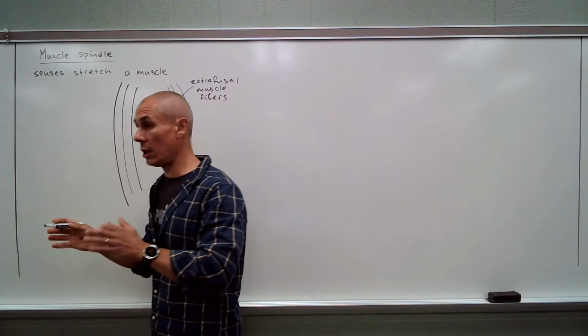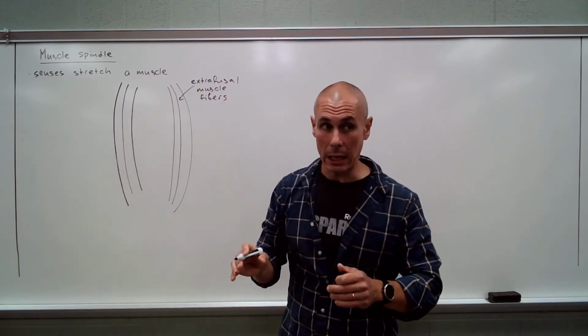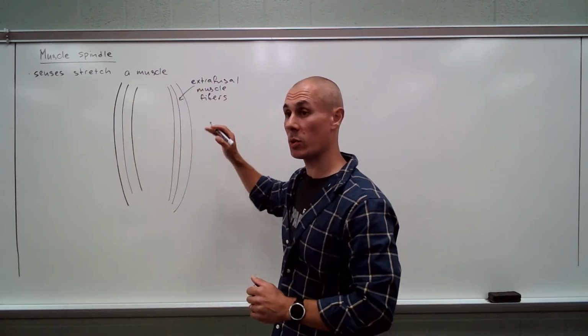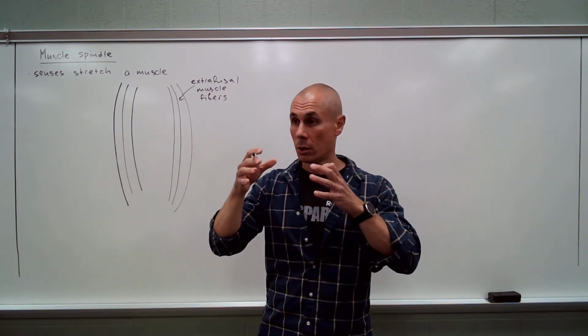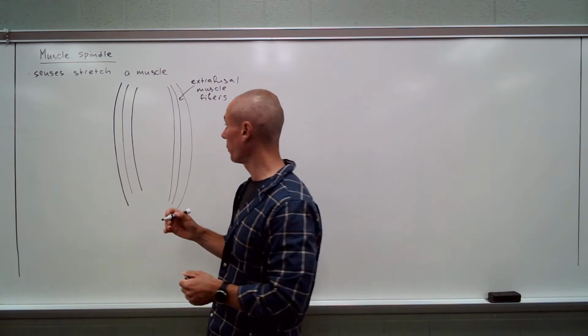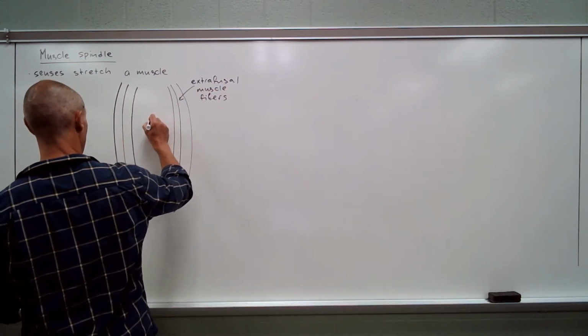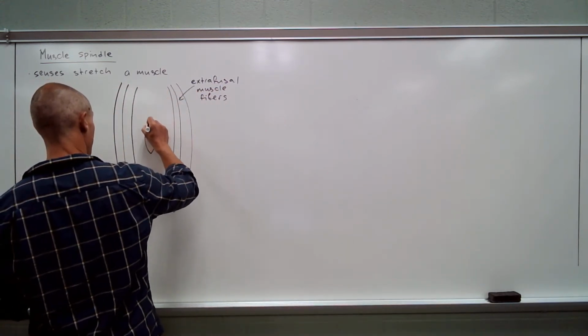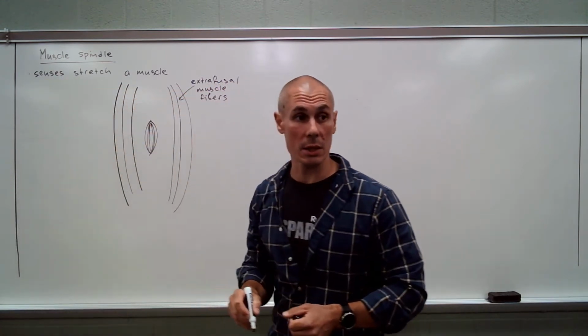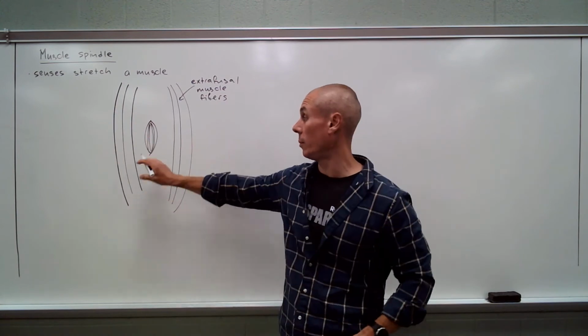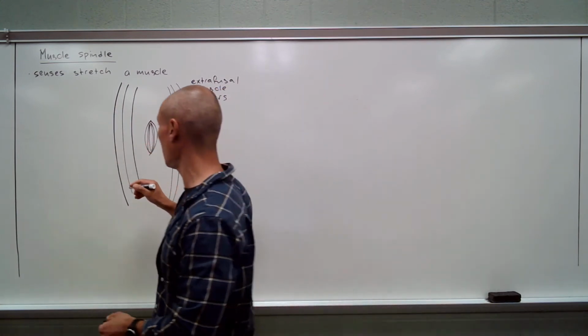Do not get any over-the-top meaning into the term. It's just to distinguish between the fibers that comprise the actual contractile skeletal muscle, and the fibers that comprise a muscle spindle. So muscle spindle is very small, much smaller than that. It's not up to scale.